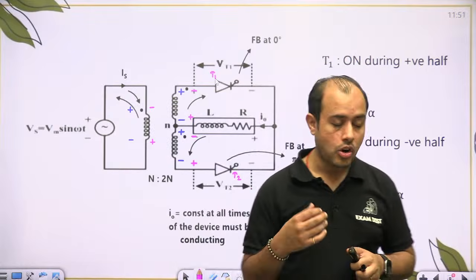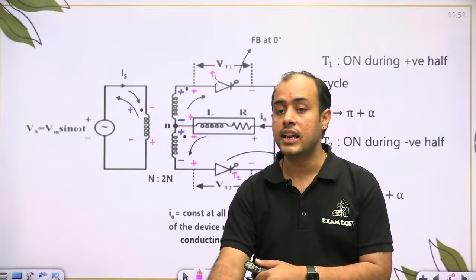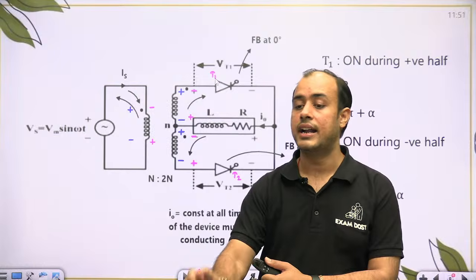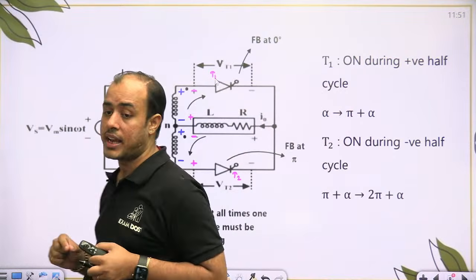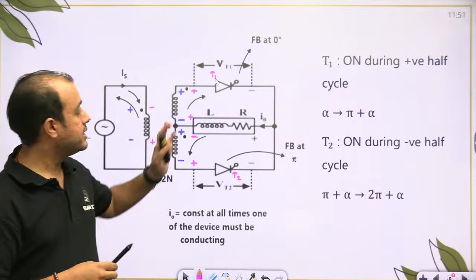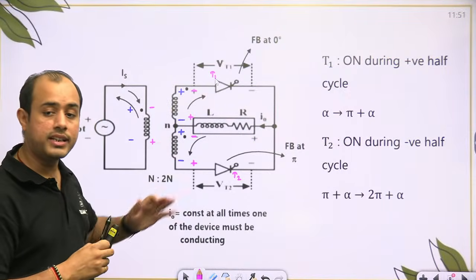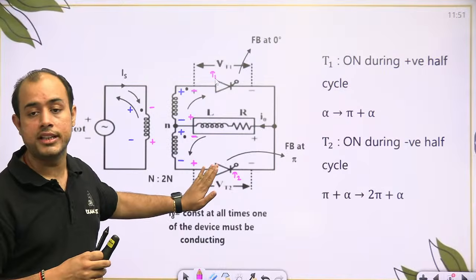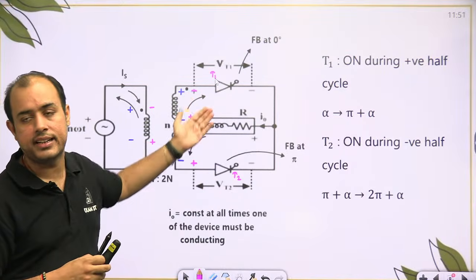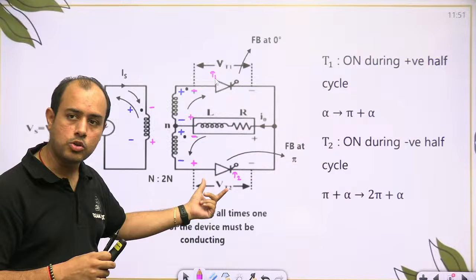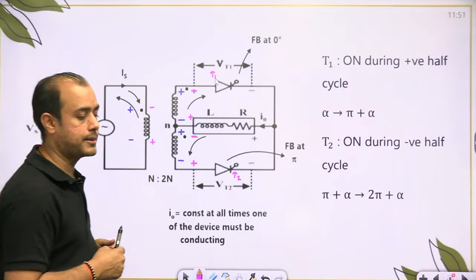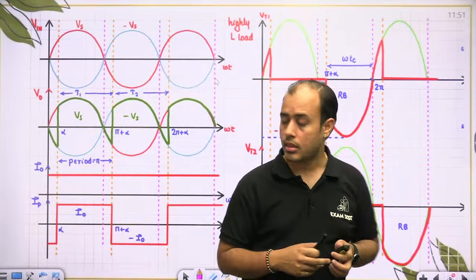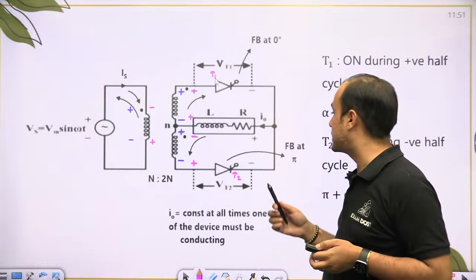So T1 is on at alpha, it will continue to conduct until T2 turns on. And T2 turned on at pi plus alpha, it will continue until T1 comes again. So T2 will conduct from pi plus alpha to 2 pi plus alpha.